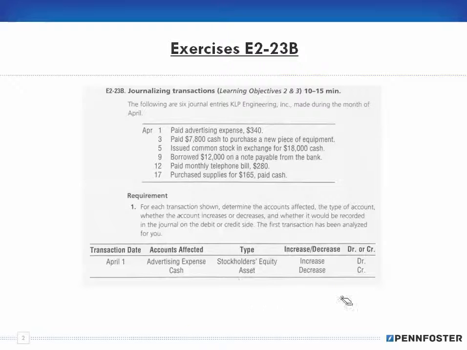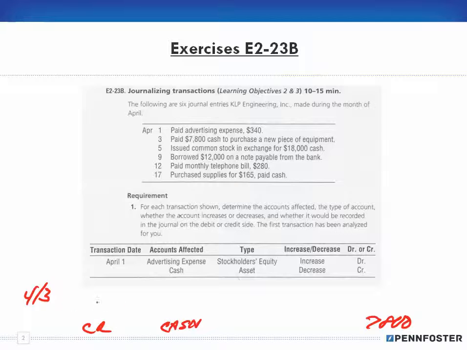Now, April 3rd, it says paid $7,800 in cash to purchase a new piece of equipment. So am I affecting cash? Yes. Is my cash increasing or decreasing? It's decreasing because I'm paying out $7,800, so I'm going to have a credit to cash for $7,800.